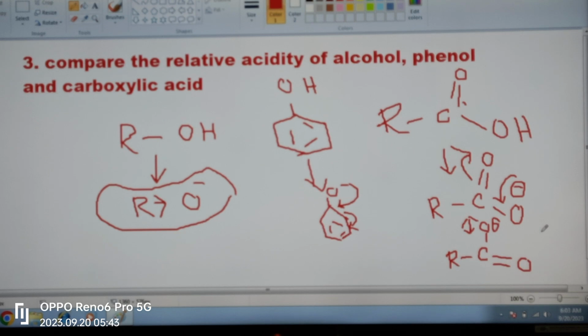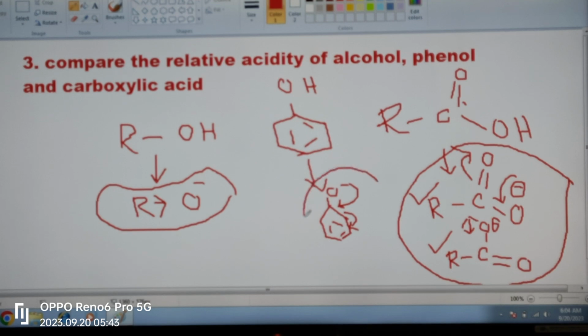So their stability will be much more compared to the other anions. So the stability of the conjugate base will be highest in the case of carboxylic acid, because this carboxylate anion is stabilized through resonance. Not only stabilized through resonance, but also the two canonical forms are equivalent. You see, these two are equivalent canonical forms, so their stability will be maximum.